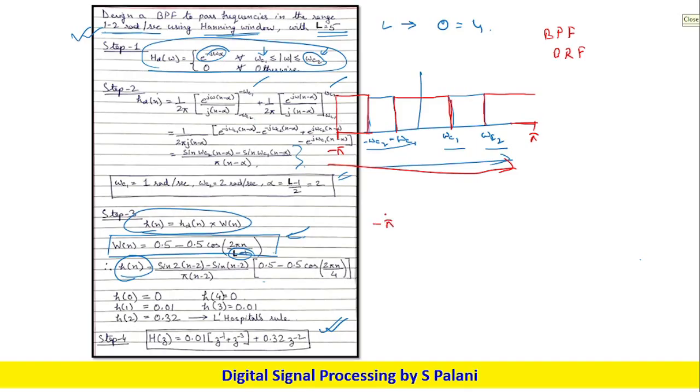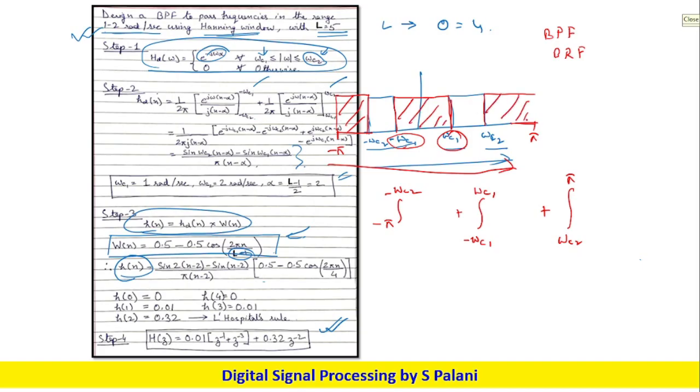So minus pi to minus omega c2, plus minus omega c1 to omega c1, plus omega c2 to pi. Okay.